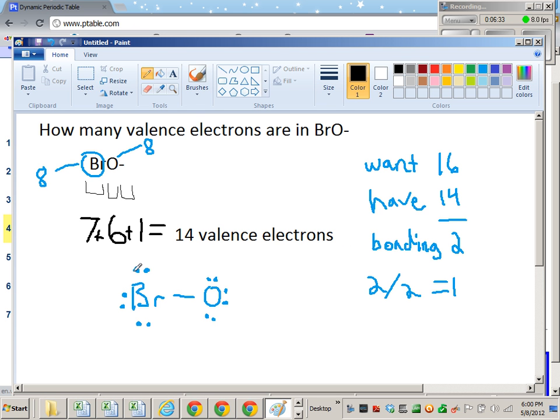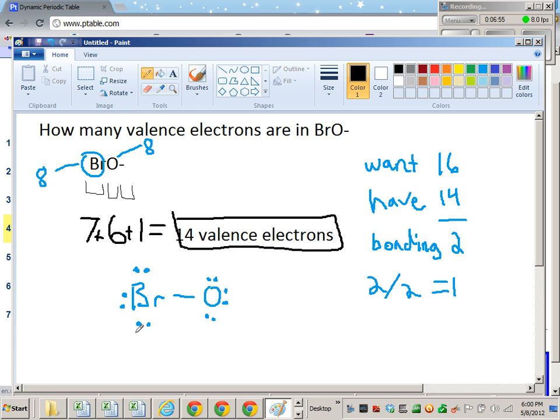Let's just count them up. So there's 2 electrons here, 4, 6, 8, 10, 12. That's 12 non-bonding electrons. And this dash is 2 electrons that are shared between the bromine and the oxygen. So that's 14 total electrons. So we know that we haven't violated that. 14 valence electrons makes sense.